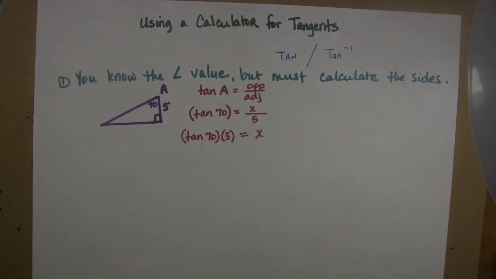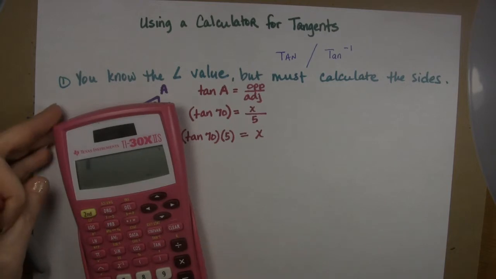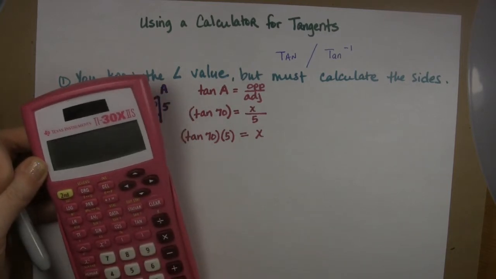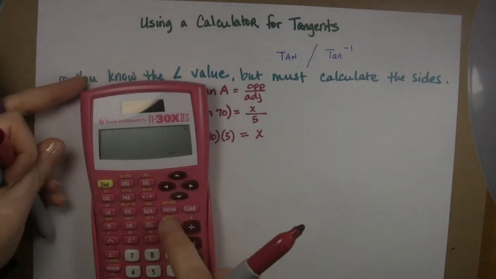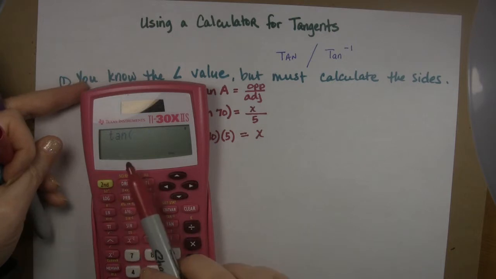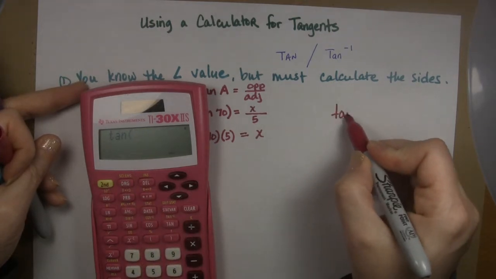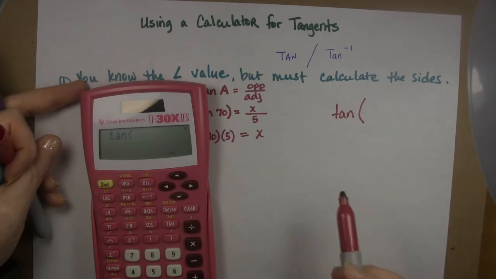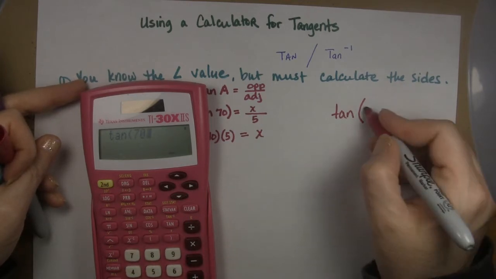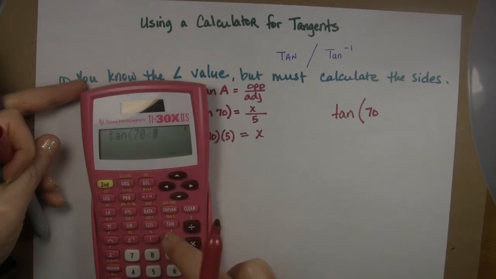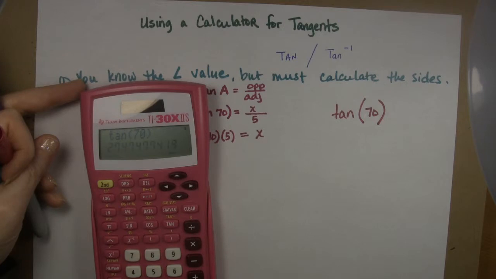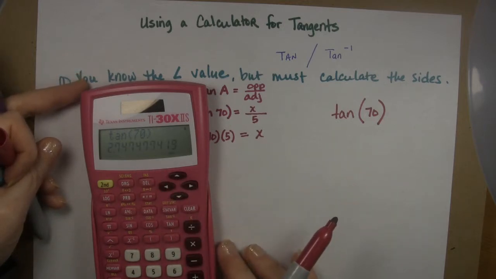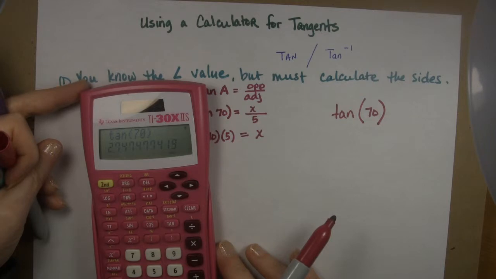All right, so now if you pull out your handy-dandy calculator and you turn it on, then you say, okay, tan, and then I get a little parenthesis, so it looks like this, in case you can't see it. I type in 70, and then I type my end parenthesis, and I hit equals, and I get this really long, ugly number, 2.747477419.